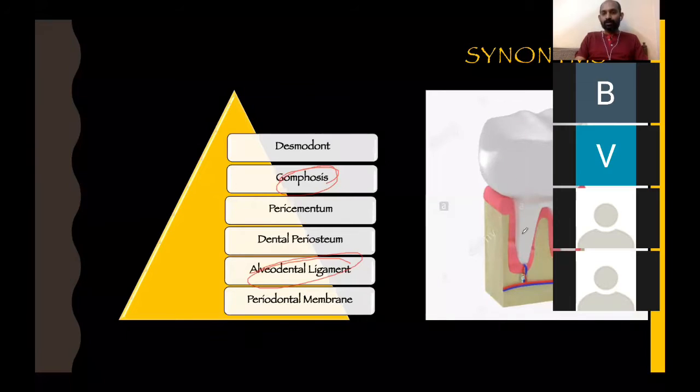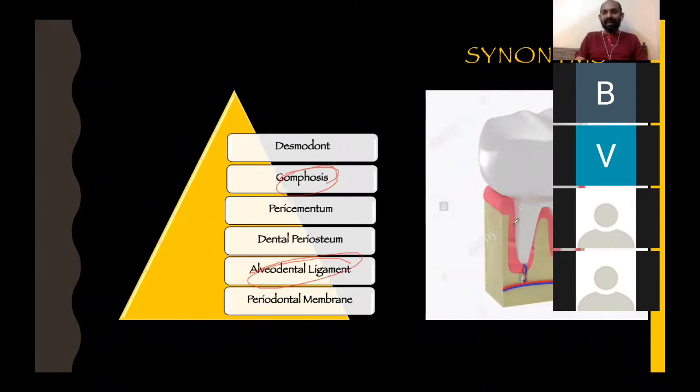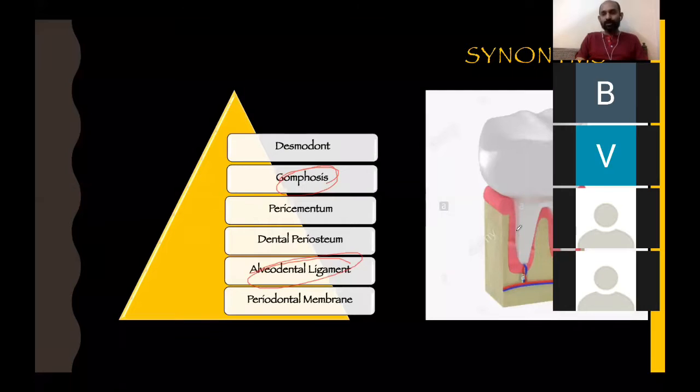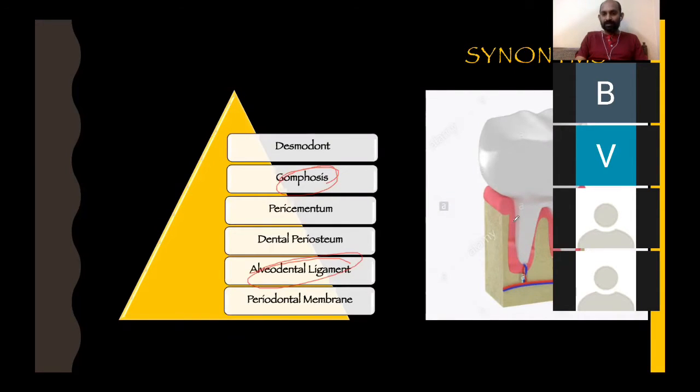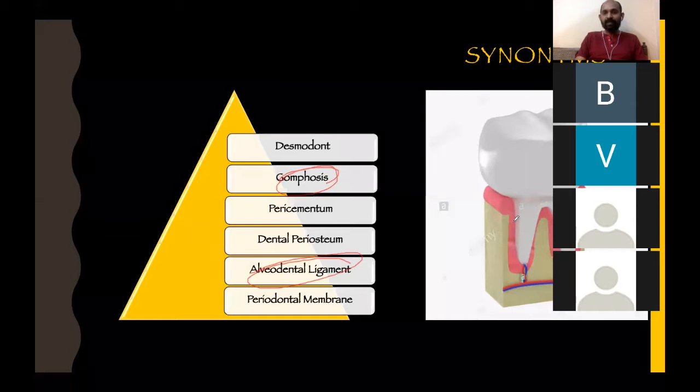Similarly, the tooth and the bone. There is a joint between your tooth and the bone, and the intervening structure between these two hard tissues is a fiber. So what is that fiber? That is your periodontal ligament fiber. And hence such a joint wherein between two hard structures there is a fiber, that particular joint would be called gomphosis.